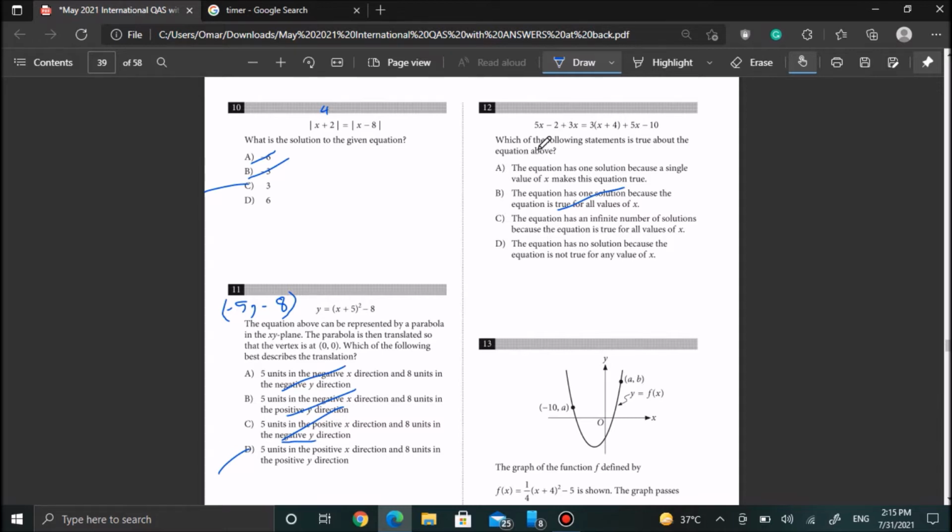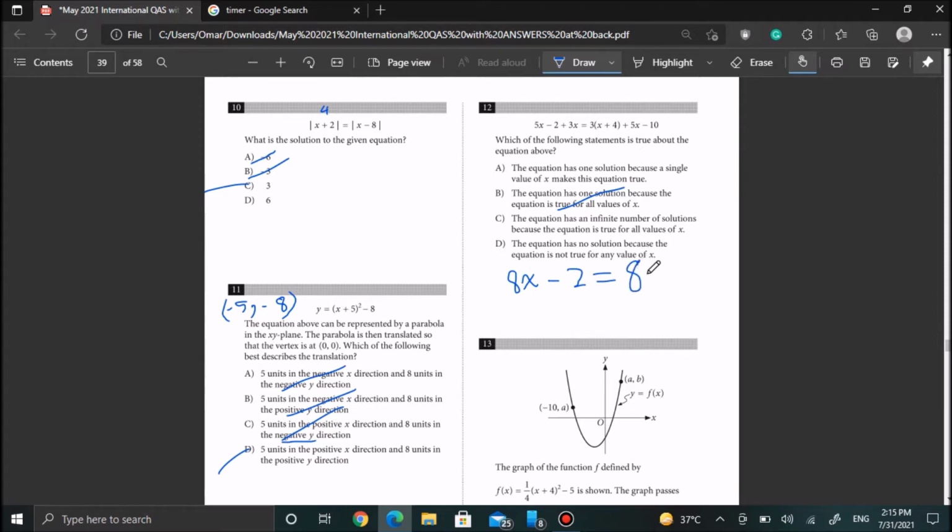Okay, let's try to simplify this a little bit. Add the x's, 5x plus 3x, this is 8x, minus 2. That's equal to the 3x here and then 5x here, that's another 8x. I'm distributing the x for the x only and then adding this 5x.